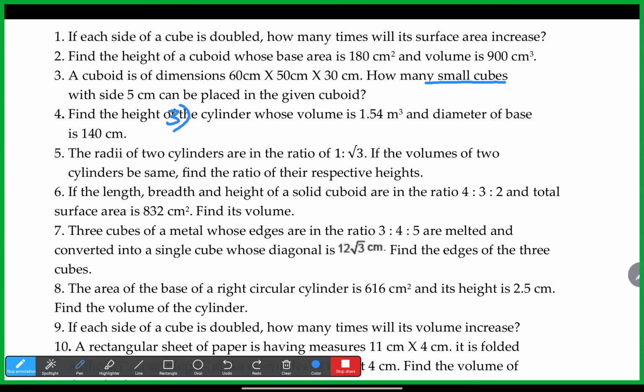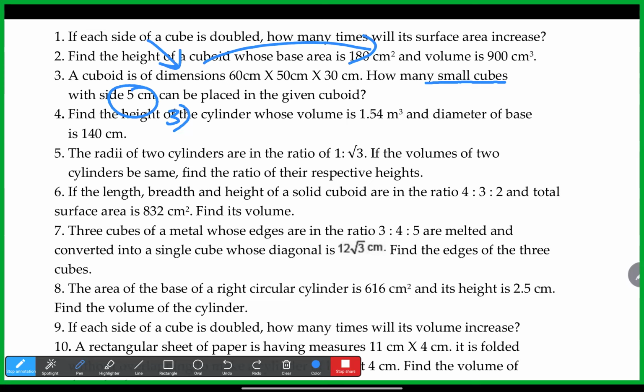Here the thing is they're not making them from that, but they're keeping cubes of this side in that box. How many cubes we can keep in that box is again the same: volume of cuboid divided by volume of each cube. Yesterday we did questions like cuboid is melted and cube is formed. How many cubes are formed is volume of cuboid by volume of cube.